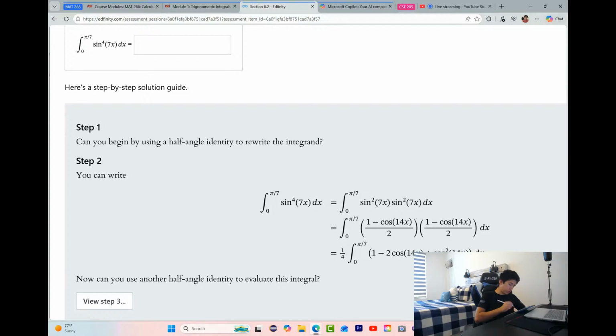So 1 times 1 is 1. 1 times negative cosine squared of 4x is negative cosine squared of 4x. Oh, and then that again. So 1 minus 2 cosine squared of 4x plus cosine to the power 4 of 4x, right?